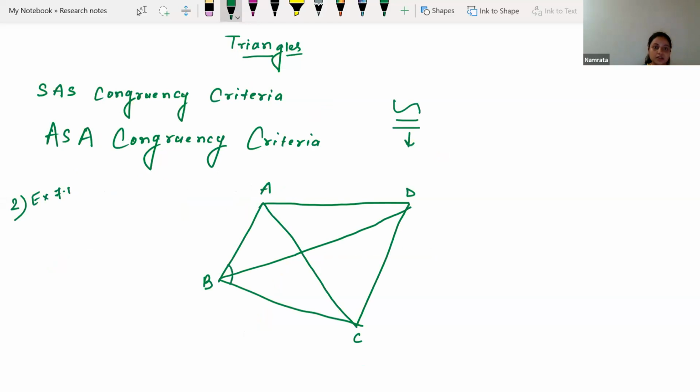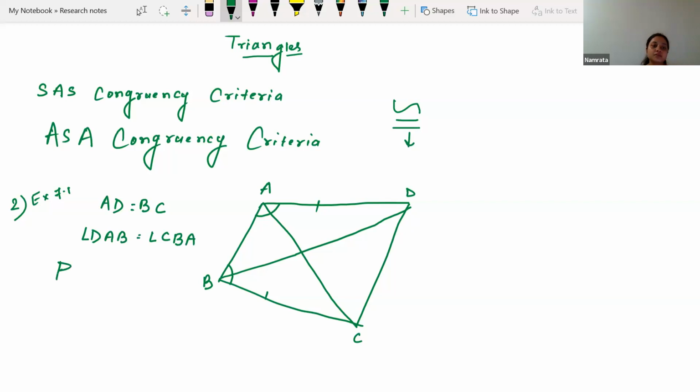This figure is already given in the question, and the information given with this figure is ABCD is a quadrilateral. As we can see, yes, it's a quadrilateral having 4 sides. Here it's given that AD is equal to BC, already mentioned in the question. And it is also given that angle DAB is equal to angle CBA.